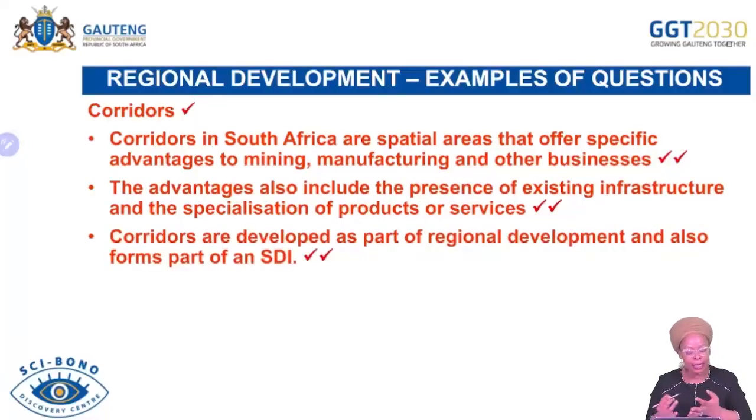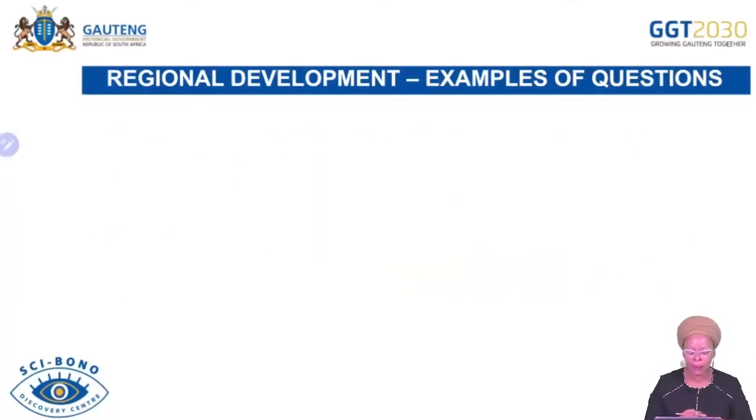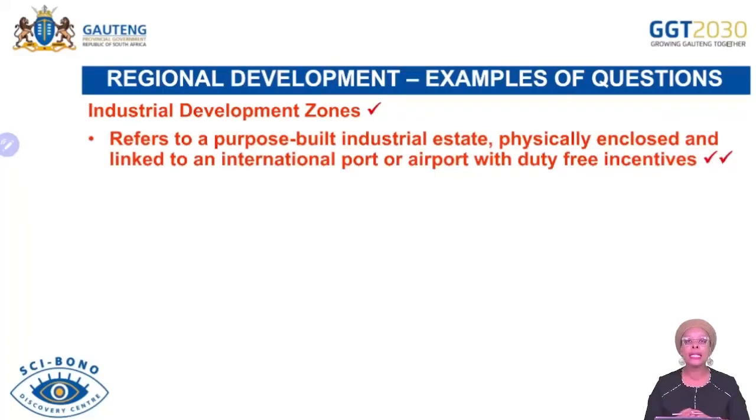And the corridors are developed as part of regional development and SDI, 2 marks. But don't forget to give us an example. Maputo corridor or coast-to-coast corridor. An example is 1 mark. We move to industrial development zones that we did during the previous lesson. Describe what it is.